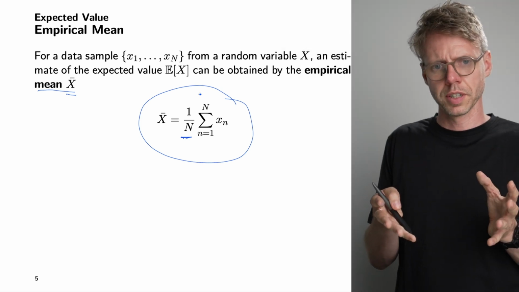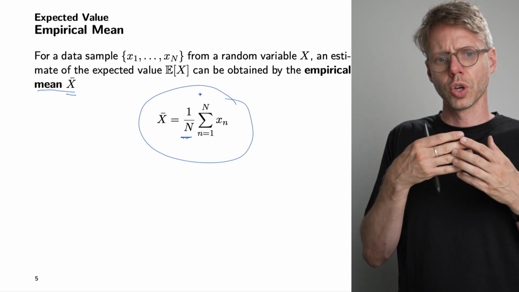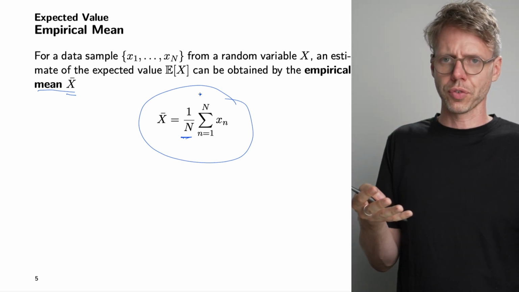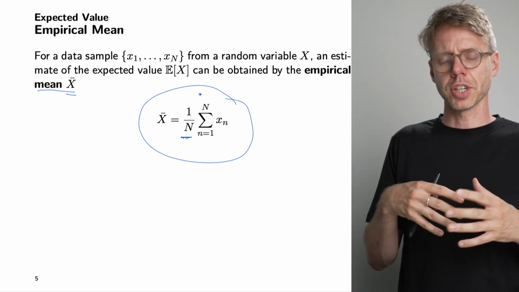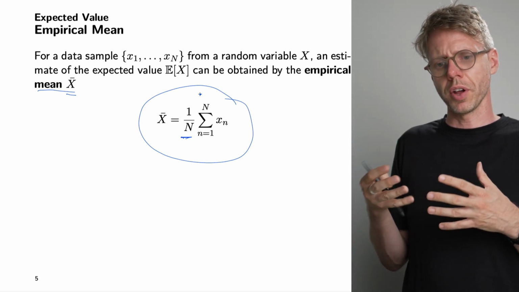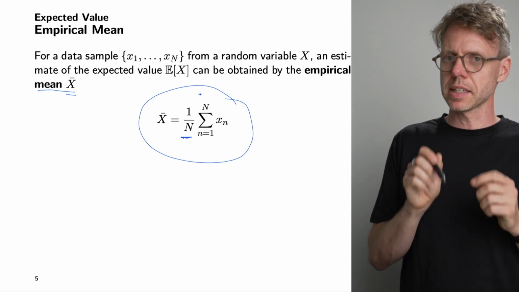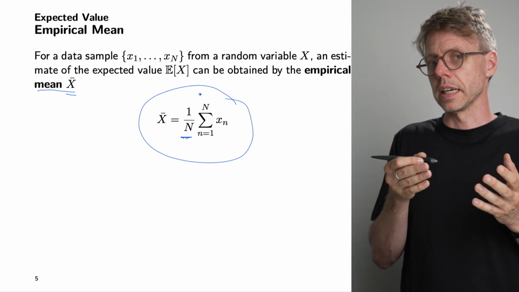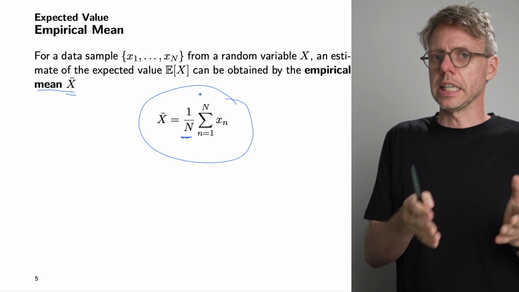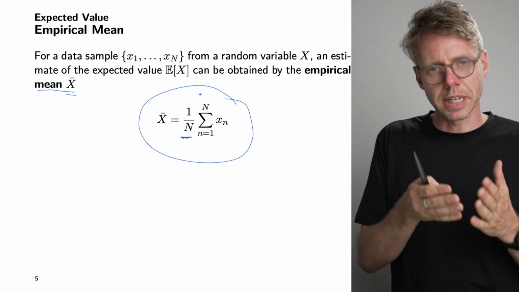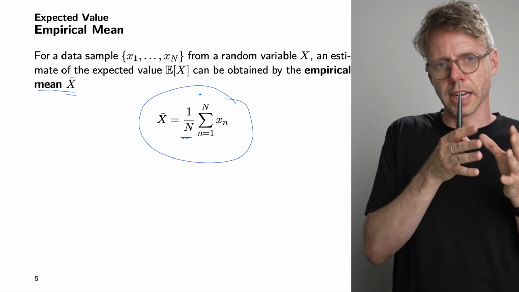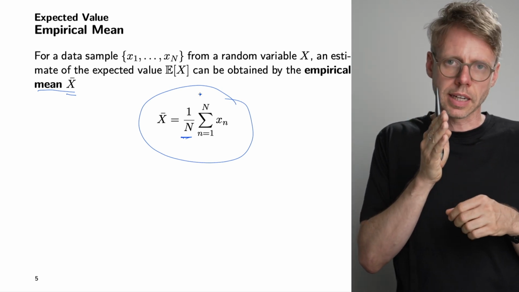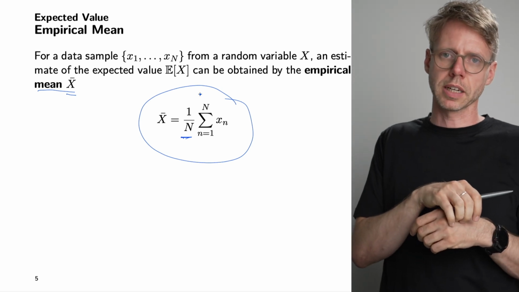Now note that we're computing a function of the random variable, a function that depends on a sample. So the empirical mean is a random variable itself. It is not equal to the expected value, but it is an estimate. The idea is that it's a value that gets close to the true expected value.